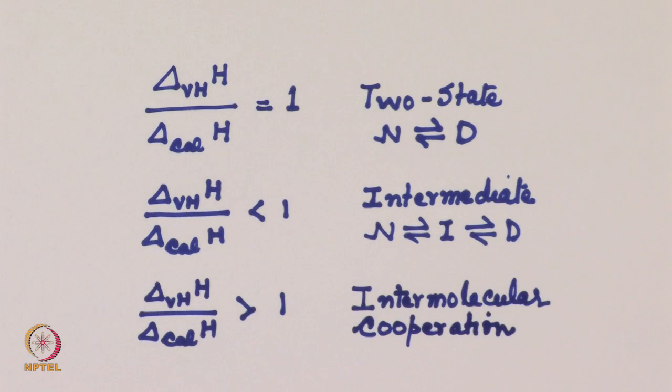What is this intermolecular cooperation? Intermolecular cooperation is that when the protein is unfolding, then the two unfolded proteins can sort of form a dimer, trimer, oligomer, aggregate. So, extent of aggregation will increase.